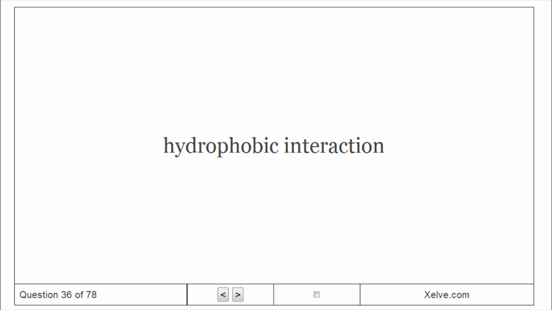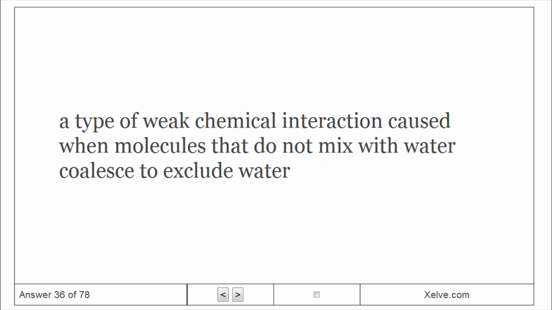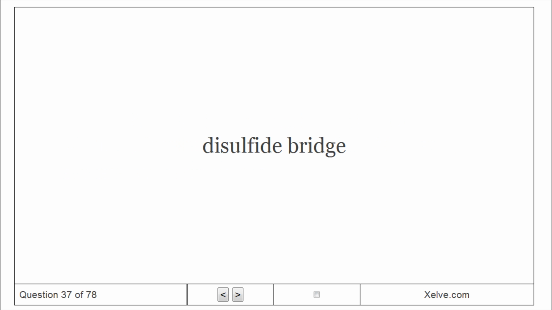Hydrophobic interaction. A type of weak chemical interaction caused when molecules that do not mix with water coalesce to exclude water. Disulfide bridge.